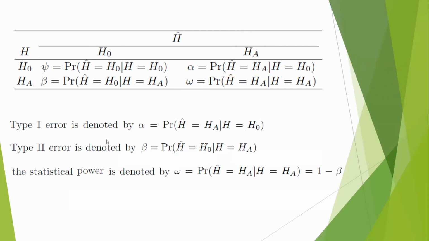Okay. I hope I used this table to explain clearly the relationship between alpha, beta, and the power. Because in your future study, when you write your own paper, or read other people's papers, you always see type 1 error, type 2 error, and sometimes power, right? So hopefully everyone can understand the relationship between these terms.